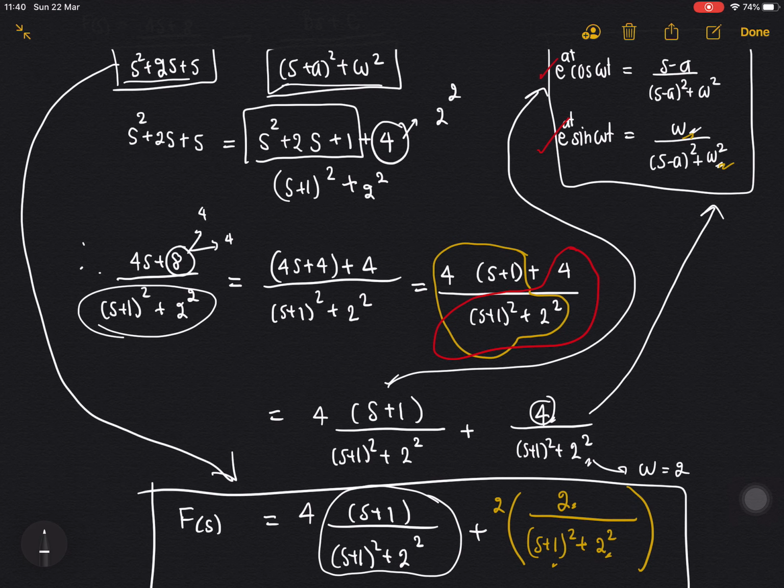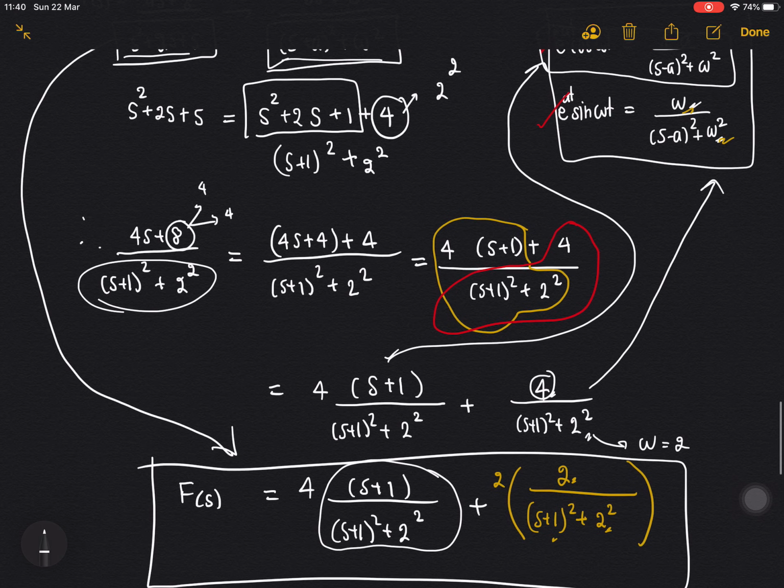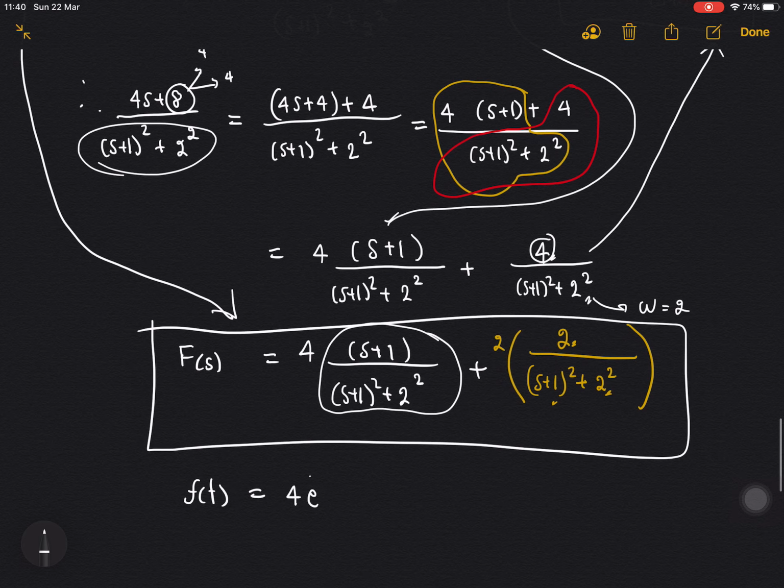So that's similar to the exponential multiplication with the cosine terms, but the value of a here is plus, but that becomes minus. So in our case, we got the addition sign, therefore our exponential will be raised to the power of minus 1t.